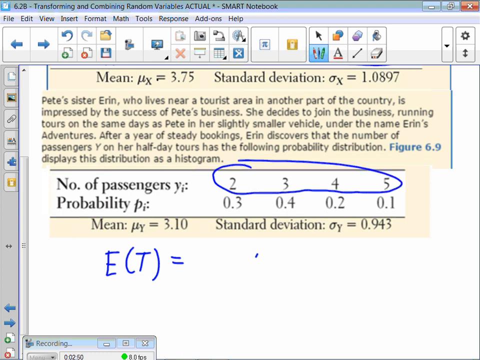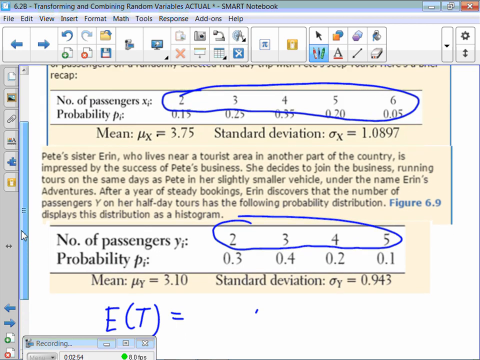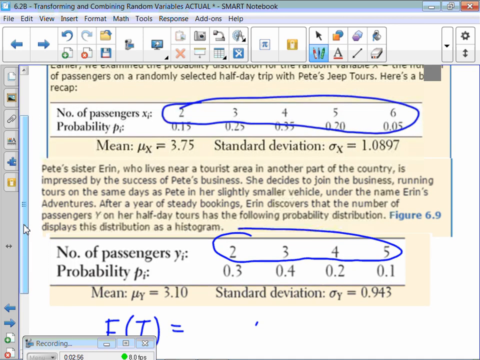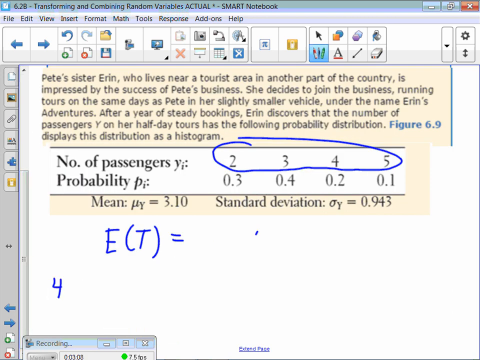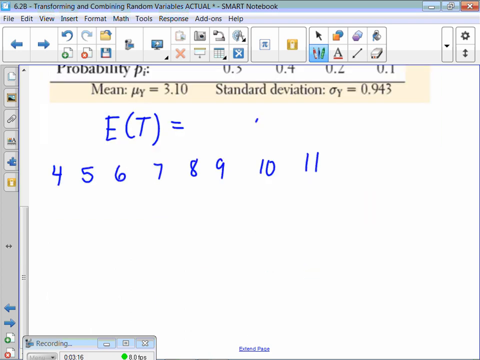So what's the range of the total number of passengers? 4 to 11. The smallest sum, we add them together, is 4, and the highest one is 11. So if I was going to find the mean, we could have 4, 5, 6, 7, 8, 9, 10, or 11. There's the total number of passengers we could have between the two tours, right?